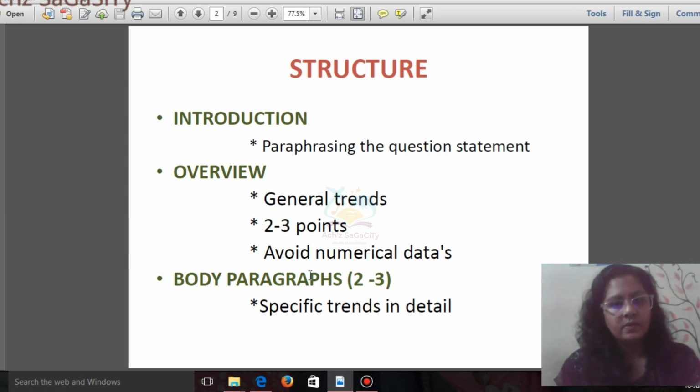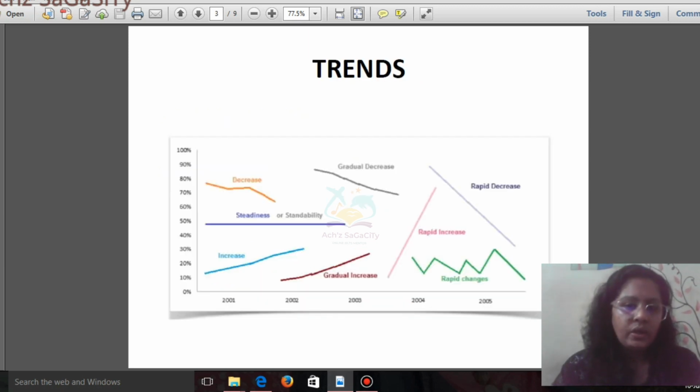Then regarding the trends, what types of trends will they show in a line chart? Here you can see the decreasing trend. They will show a decreasing trend or else an increasing trend. Or else you can see some stable data, plateau or uniform data, that means no change. Then in the trend, you want to check whether it shows any gradual decrease, that means according to the time it is decreasing, or a gradual increase, according to the time it is increasing or not.